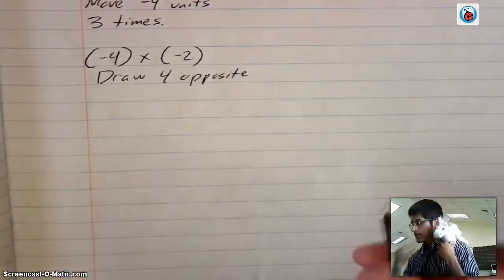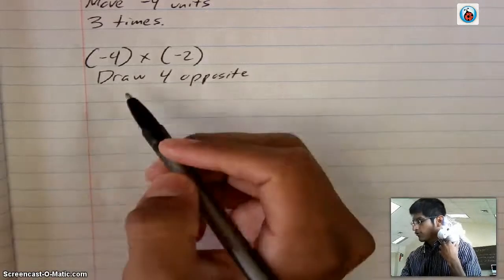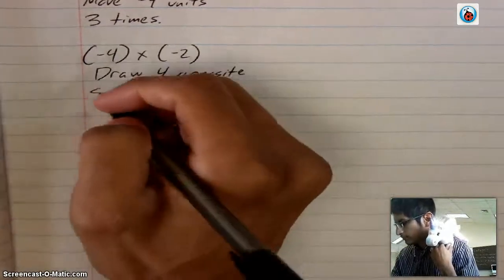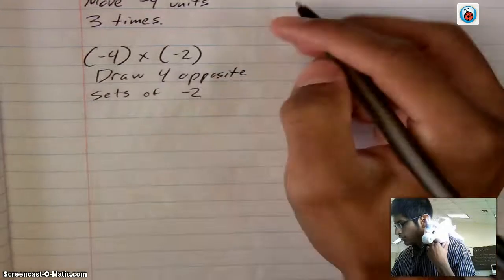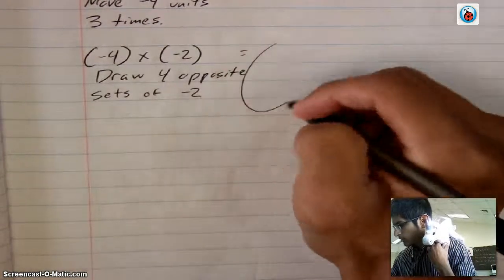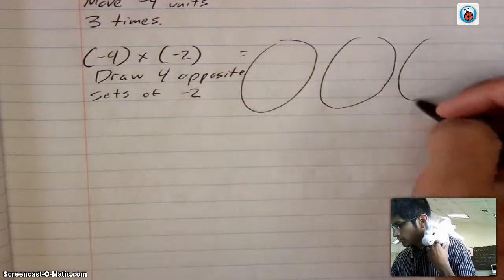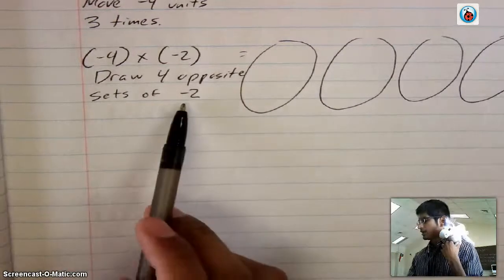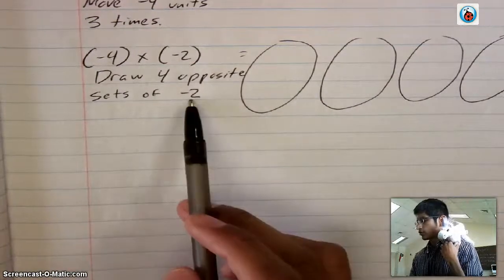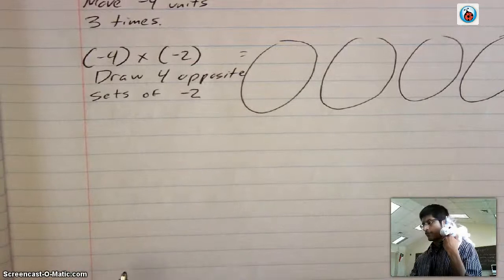All right, so now we're talking about opposite. So I'm going to draw 4 opposite sets of negative 2. So I'm going to draw 4 sets. Big old circles are going to be my sets. 1, 2, 3, 4. And I'm going to draw the opposite inside of these sets, the opposite of negative 2. Positive 2. Very good.